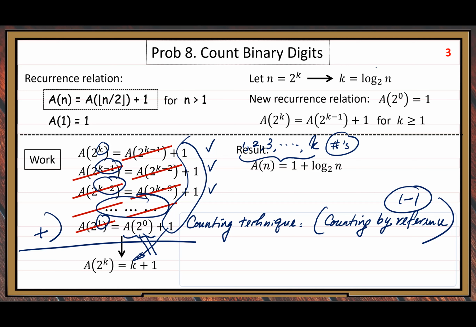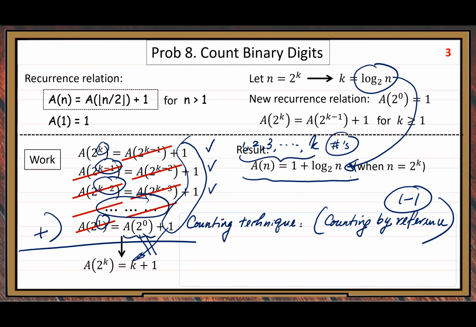Now we can use the expression that we saved before, that is log base 2 of n. So that is the final expression. So we found that. All right. But this expression is only true for n equals a power of 2, 2 to the k. If n is not a power of 2, this expression may not be correct.